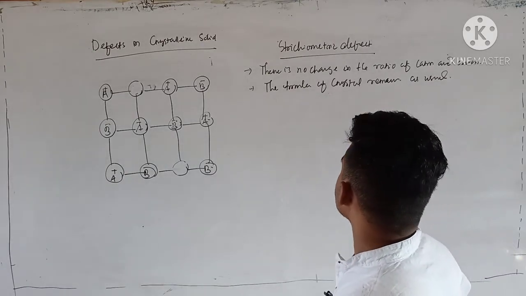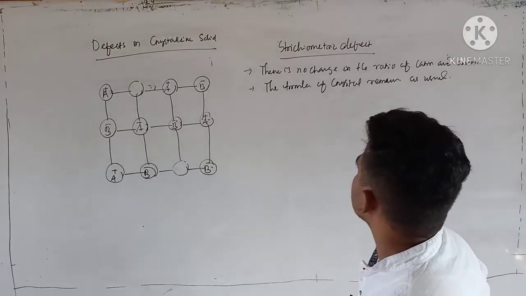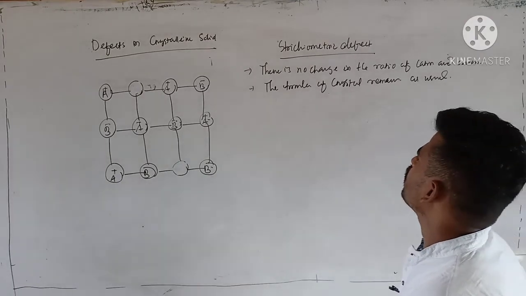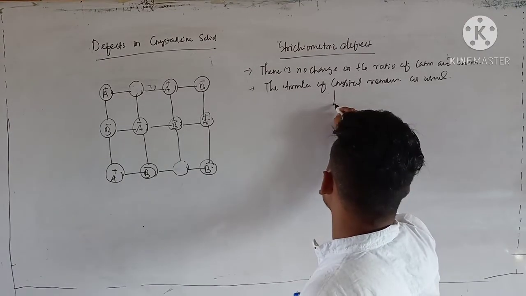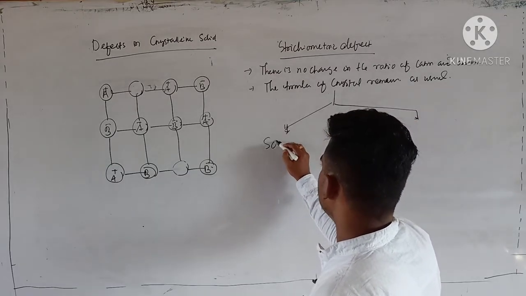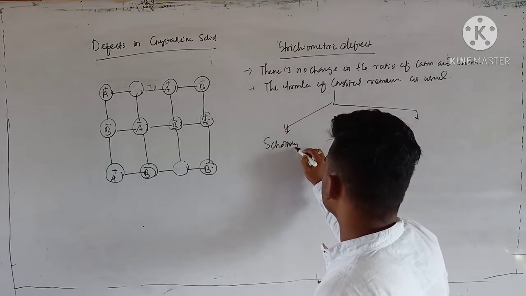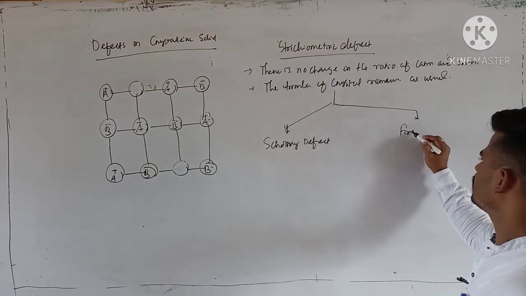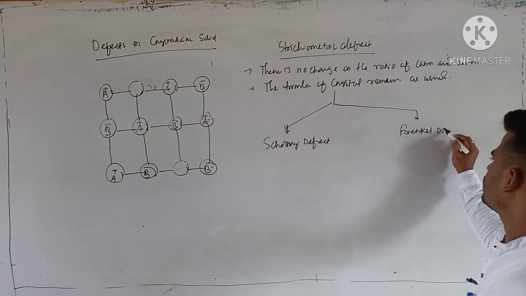How do you see this stoichiometric defect? We can proceed through its types also. These are again classified into two categories. One is Schottky defect, and another one is Frenkel defect.